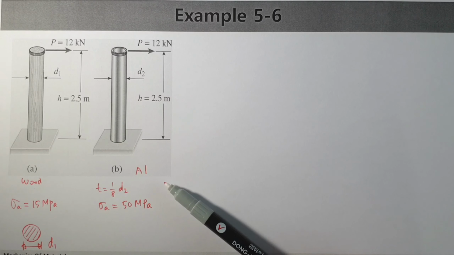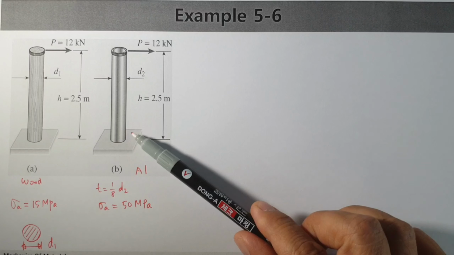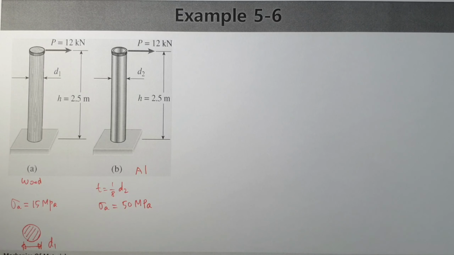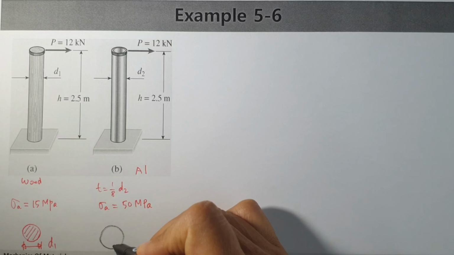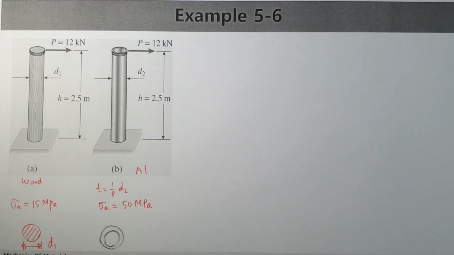And on the right side we have an aluminum tube. The aluminum tube is like this one. When you see the aluminum tube, the outside diameter is D2.